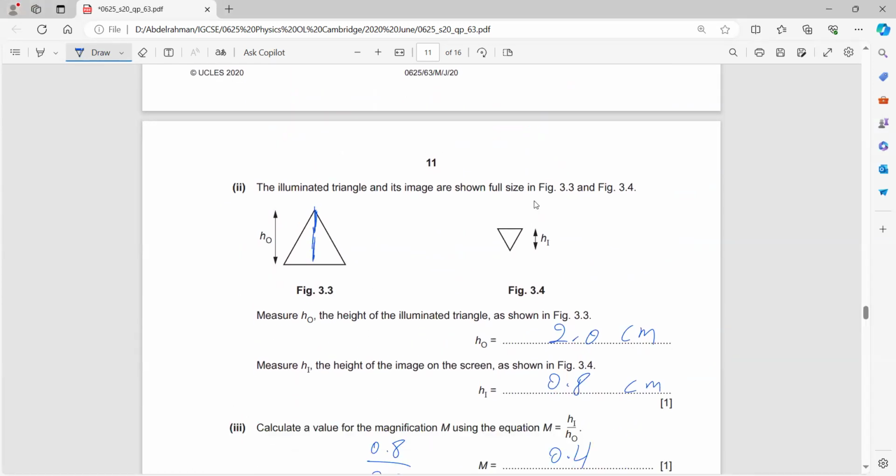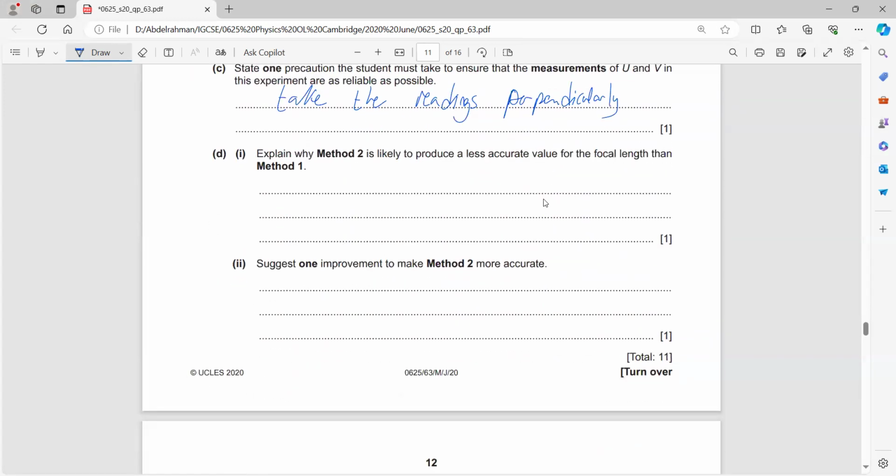It's more difficult to measure this very small height, the heights of the triangles.